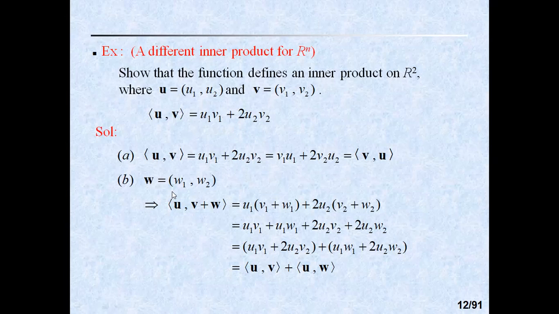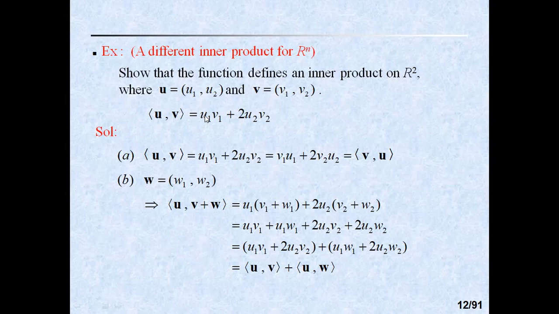Now take one more vector w, because the second property uses three vectors. So w is equal to (w1, w2). The inner product of u comma v plus w is u1 into v1 plus w1, plus 2 u2 into v2 plus w2, because v plus w has components v1 plus w1 and v2 plus w2.